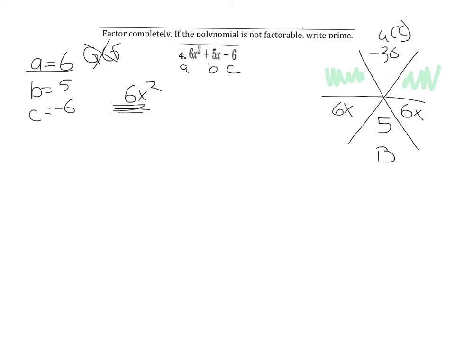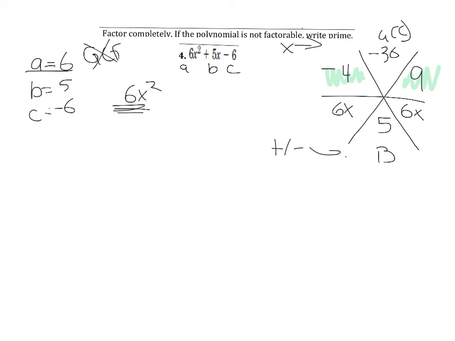I'm going to ask myself for two numbers that multiply together to give me -36, but if I added or subtracted would give me 5. Now that means I'm going to have to go back to 3rd grade multiplication tables, and I can sit there and say 1 times 36, 6 times 6, but what works here is 4 times 9 is 36, and because it's a negative, I'm going to have to make one of these negative, and I'm going to make it -4.